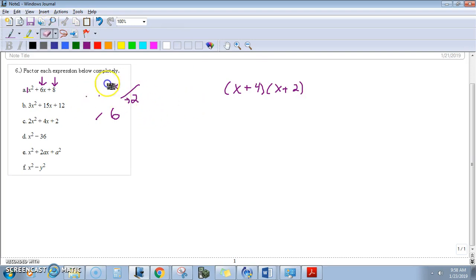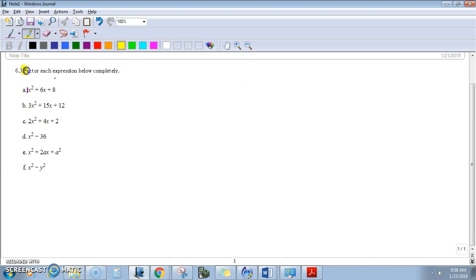Ooh, the next one. What I want you to remember is that this says to factor completely. You will get some points for factoring it partially by just using the box and the cross, but to factor it completely, you need to realize that each of these coefficients is divisible by 3.